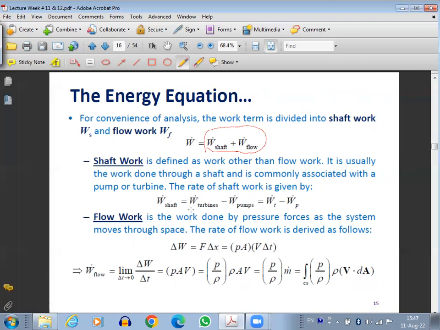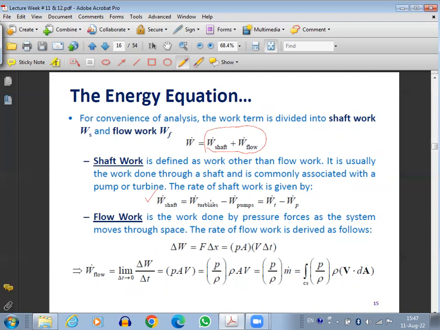We write it as work of turbine minus work of pump. Work of turbine is the work done by the turbines, minus work of pump, the power provided to the pumps. So work of turbine minus work of pump will be the work of the shaft.